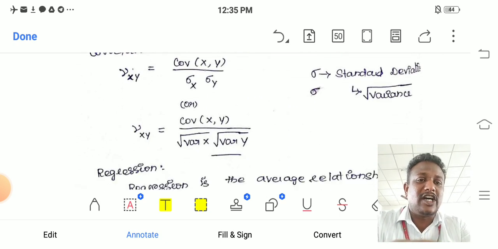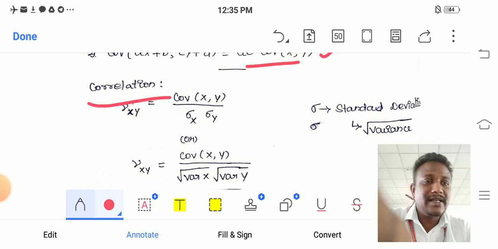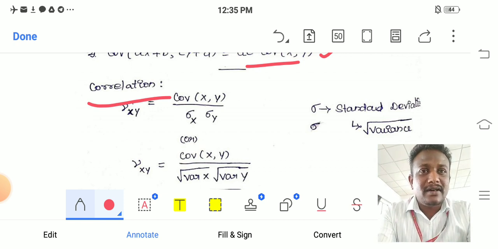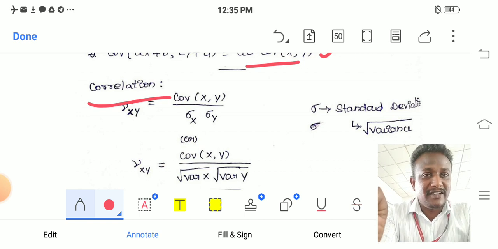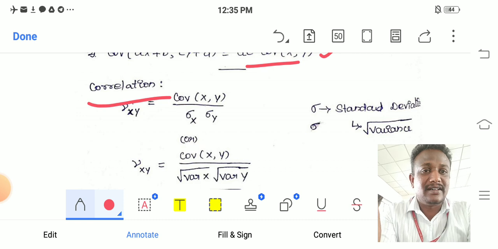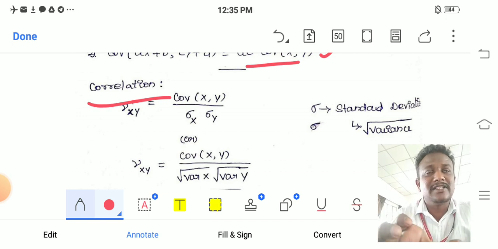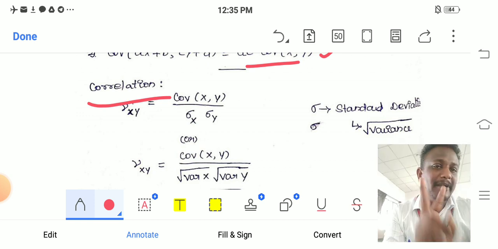Now, what is correlation? This is our next definition. When you compare correlation with covariance, I would suggest correlation is much stronger. You can calculate the difference between two variables with the help of covariance, but only between two variables.